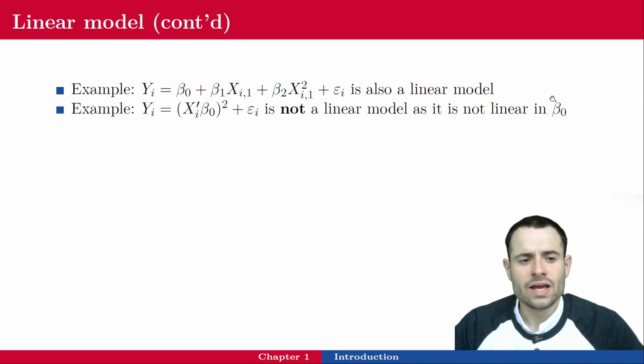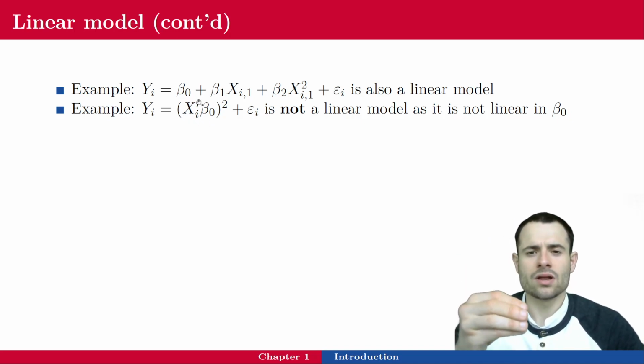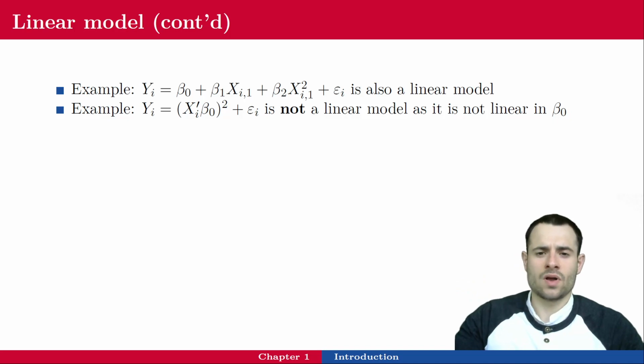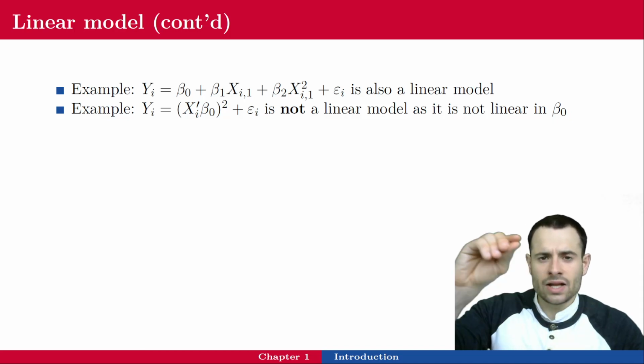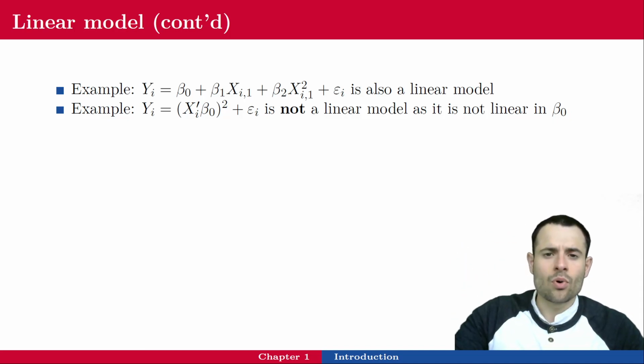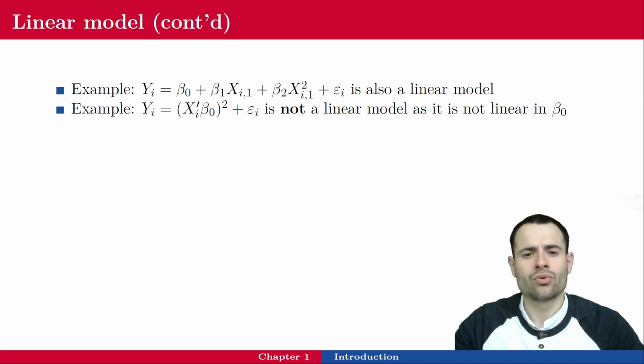For instance, if I write xi prime beta 0 squared plus epsilon I, then I don't have a linear model anymore. Because if I want to expand this thing, remember inside is xi1 beta 1 plus xi2 beta 2 plus xi3 beta 3 plus xi4 beta 4 and so on. If I take the square of that, I need to take the square of each term plus the double product.